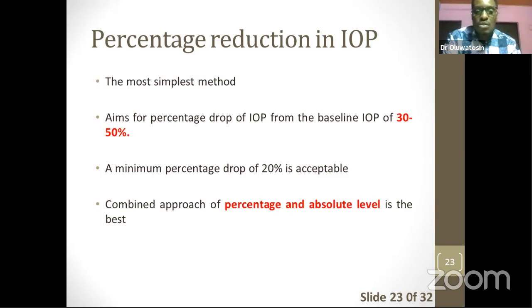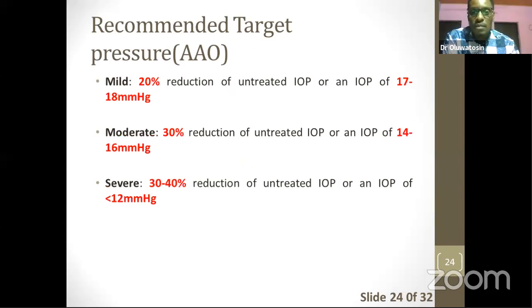From the studies I discussed earlier, most of these studies tend to use a percentage method to set a particular target according to the severity of the disease condition, and a minimum percentage drop of 20% is acceptable. However, the percentage method is augmented with absolute value. They tend to combine the two together in clinical practice.